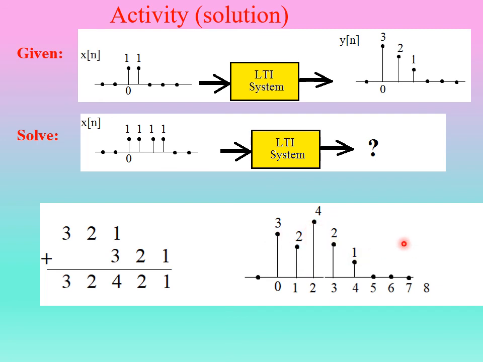Okay, so this used a combination of linearity and also time invariance to handle this delayed part right here. The second half of the input was delayed by 2, so this 3, 2, 1 is moved over twice. Okay, so again, hopefully this will become apparent. If you didn't get it right, make sure you understand how to do this.